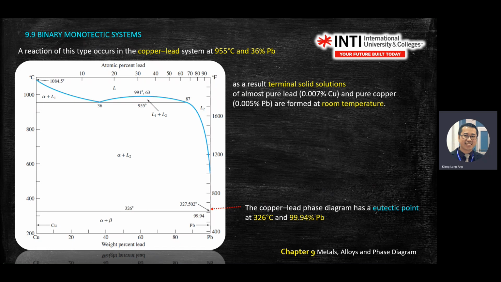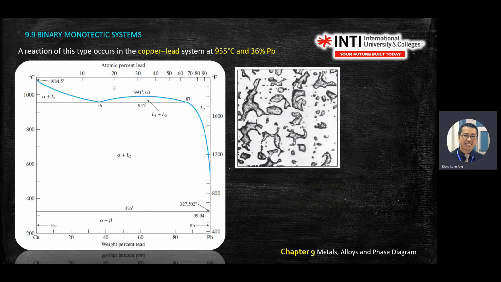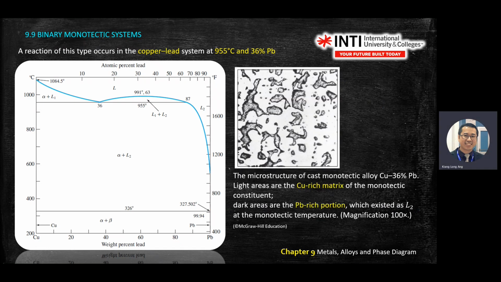It just tells you what happened. So this is under the microscope. When you have monotectic, you only see one type of solid inside there. Okay, peritectic, you see dark color, you see gray color, and so on. But monotectic you only see one type of solid.